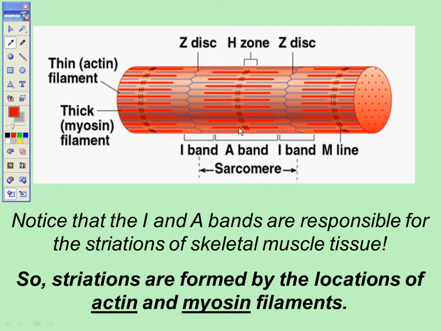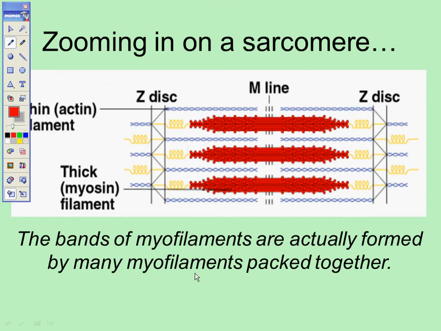And actually what's going to happen when this muscle contracts is that these actin filaments are actually going to dip into this H zone, and then it's going to go back. But Miss Johnson's going to talk about that with y'all in the physiology section. But it's just really important to know right now that the striations are formed because of the actin and the myosin filaments.